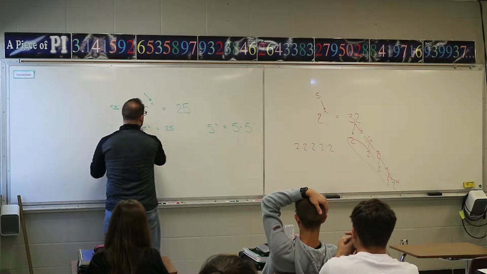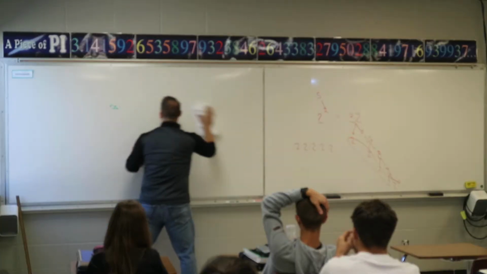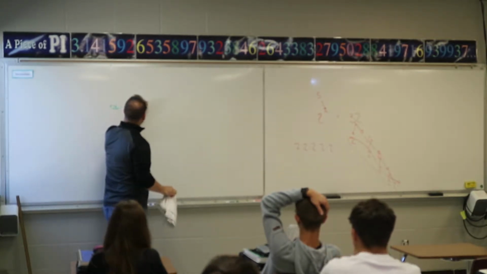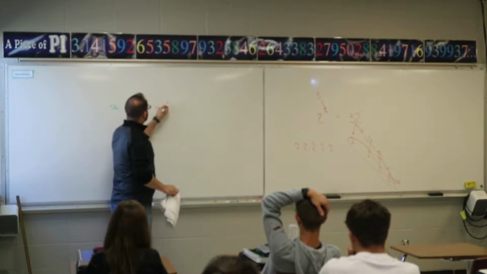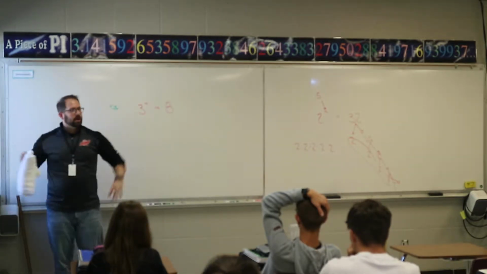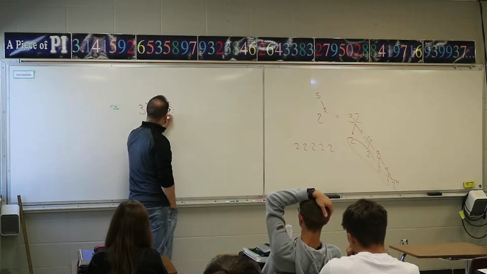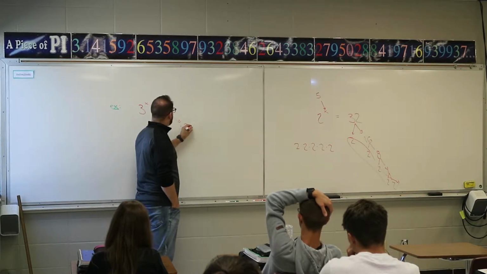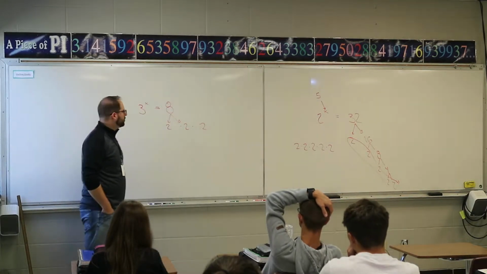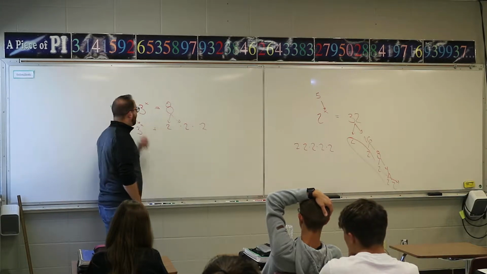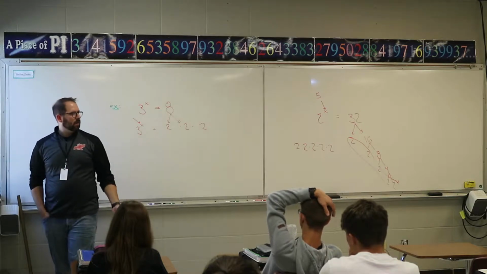Because at some point, you're going to eventually get to this. 3 to the x equals 8. No longer a nice number anymore. Because if you try to do the prime factorization of 8, that's 2 times 2 times 2, right? That's breaking down 2 as far as you can. There's no way that I can figure out this power without doing a logarithm now.